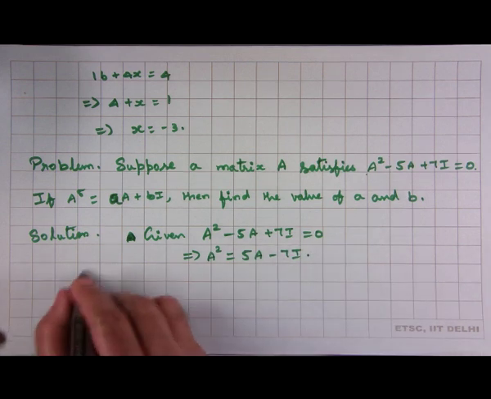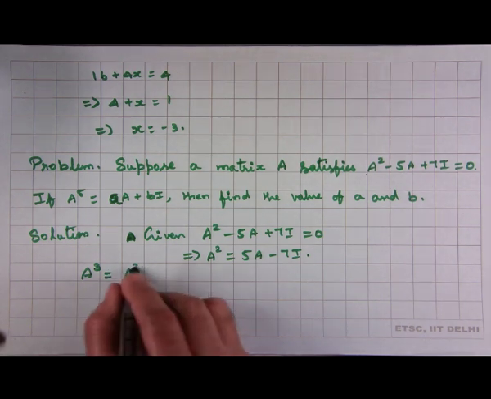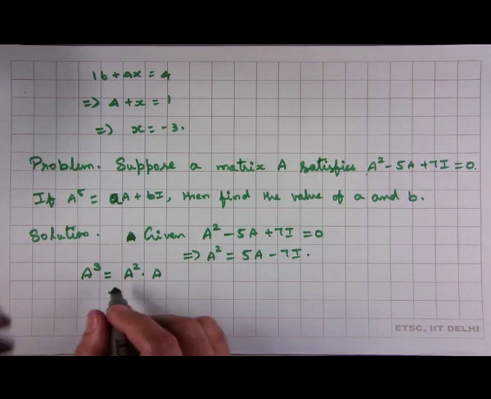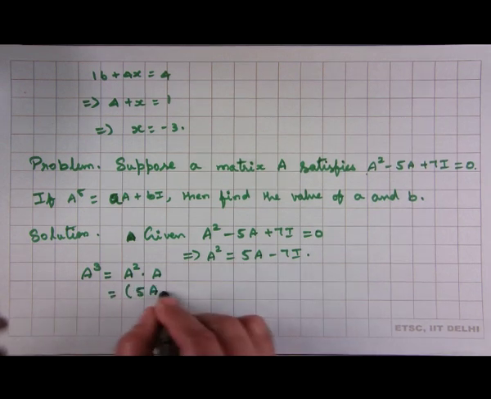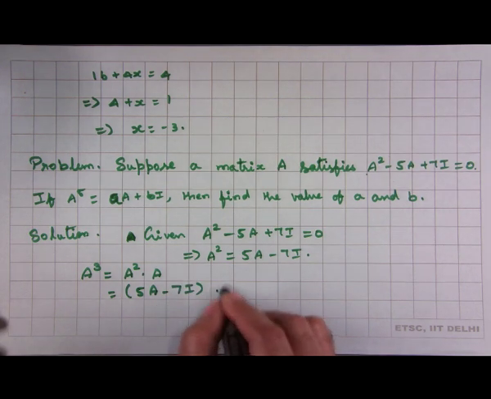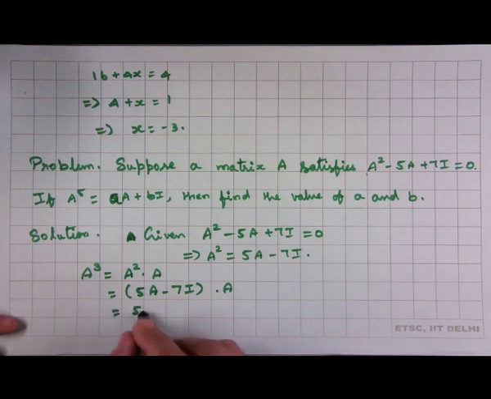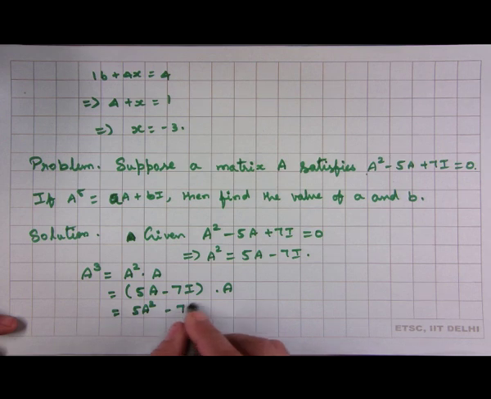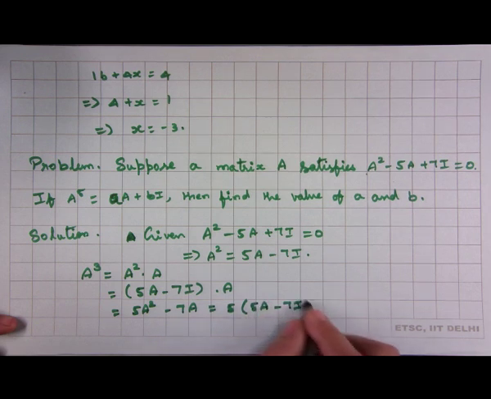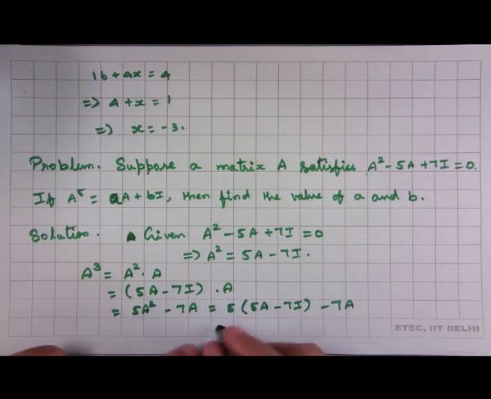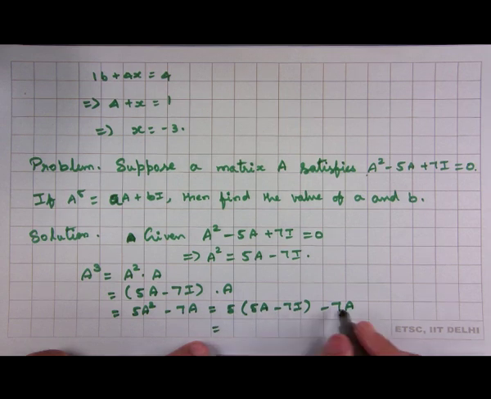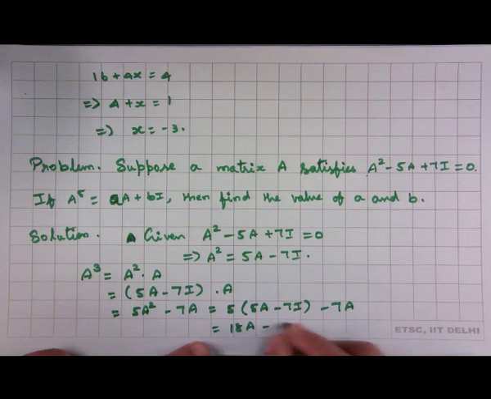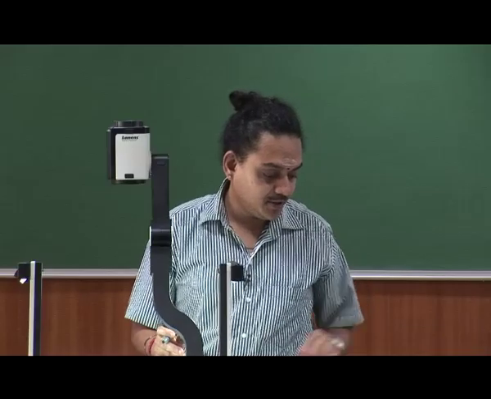Now, let us write down A cubed, which is A squared into A, and we know that A squared is 5A minus 7I, times A, which is equal to 5A squared minus 7A, which is equal to 5 into (5A minus 7I) minus 7 times A, which is 25A minus 35I minus 7A, which gives 18A minus 35I. So, we have expressed A cubed in terms of A.